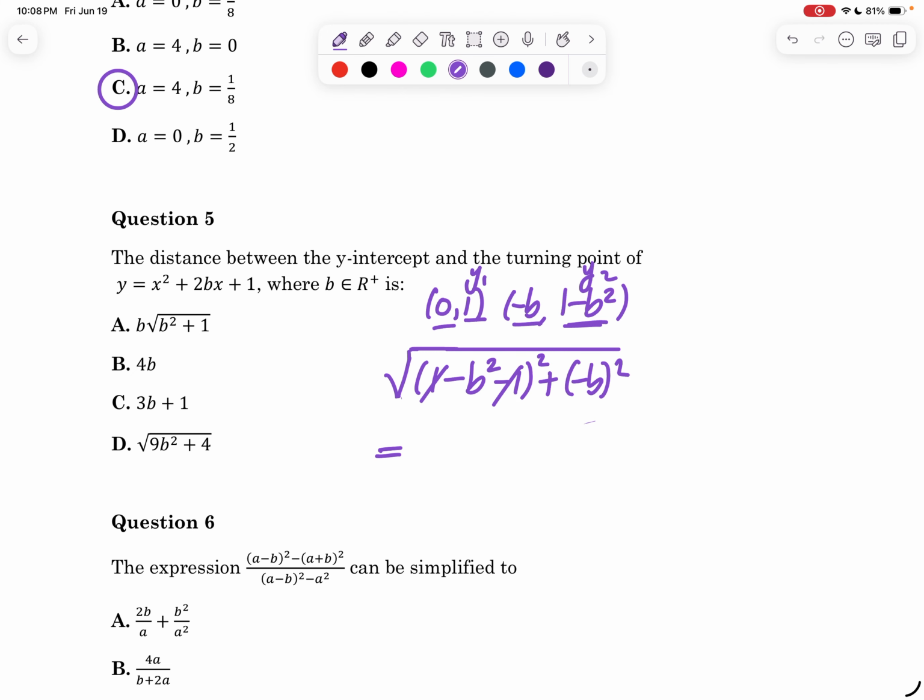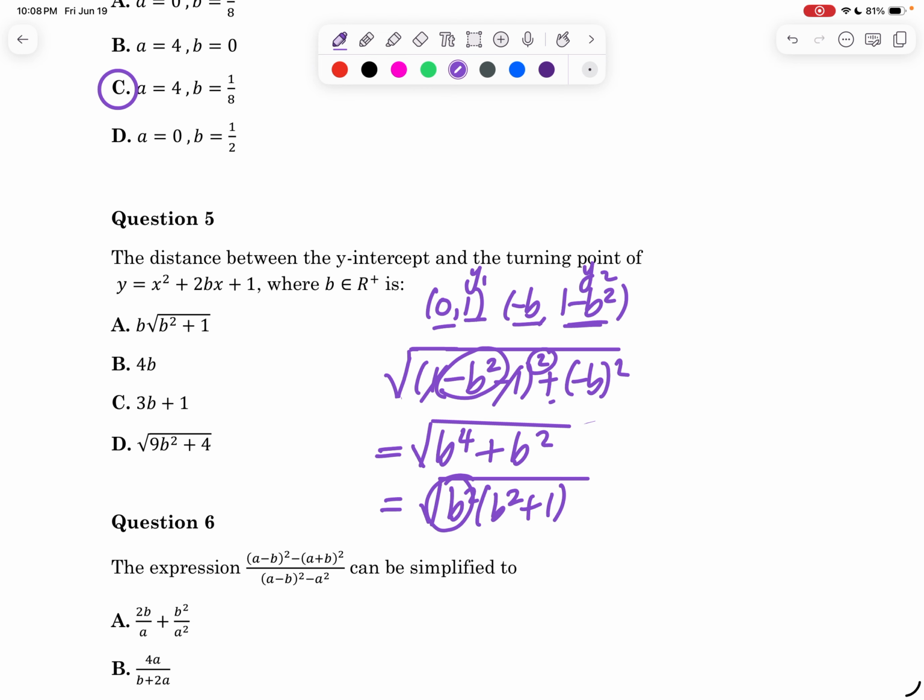They're going to cancel, so we get minus b squared, squared, which is b to the 4. b squared, that's the same as b squared plus 1. And if we square root b squared, we just get b root b squared minus 1.